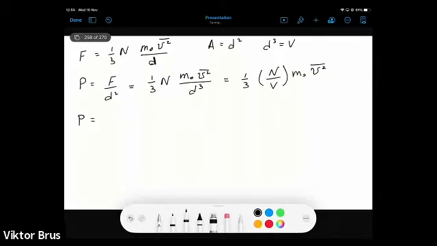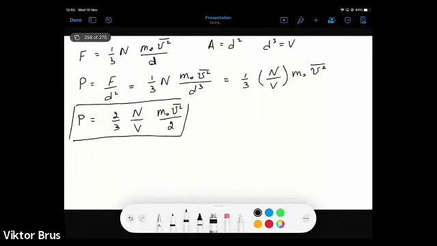P is equal to 2/3 N divided by V, and here we can write M naught V square average divided by 2. So it's actually the average kinetic energy of a molecule in ideal gas. So this is the relationship.